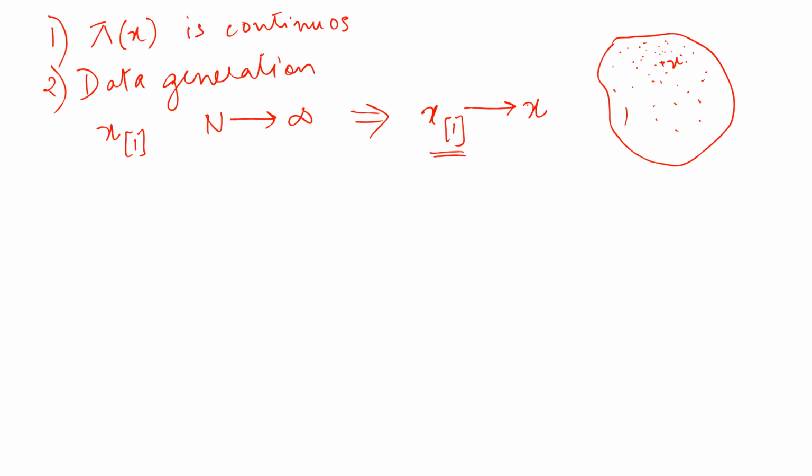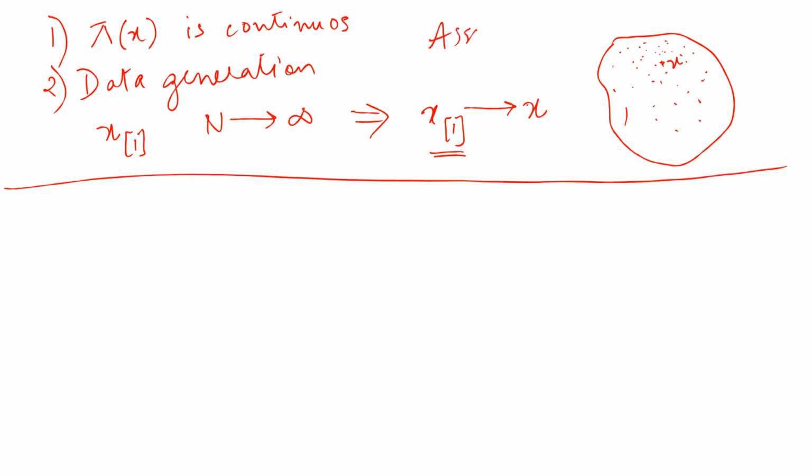Those are the two assumptions that we're going to work with, and then we come back to the out of sample error of nearest neighbor, which is nothing but the probability of getting an error. So let's come back to our proof with these assumptions. Let me separate this, and these are my assumptions, just so that we remember.